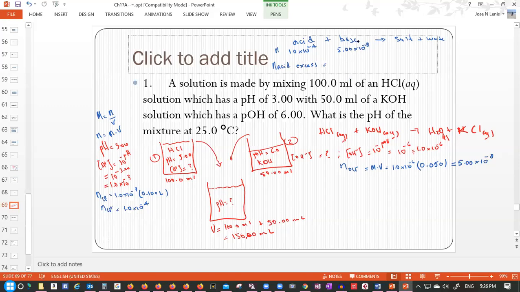All of this will go. So the moles of the acid in excess will be 1.0 times 10 to the negative 4 minus 5.0 times 10 to the negative 8.